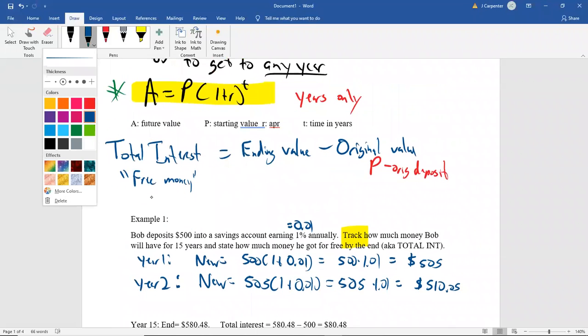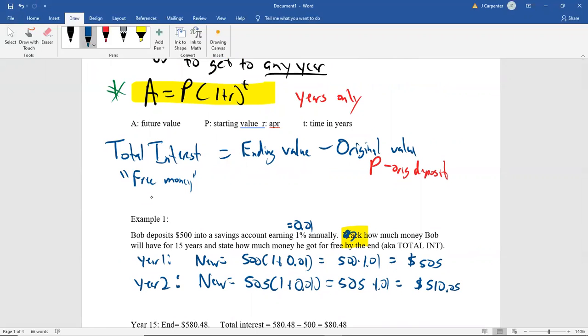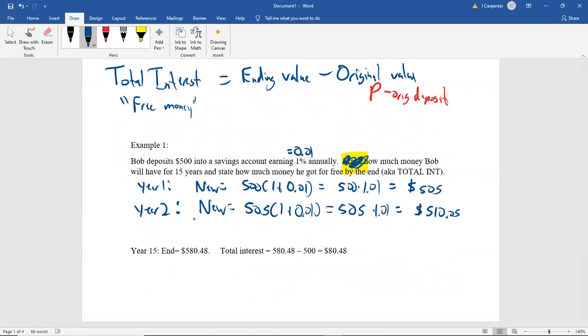All right, so let's see if I only asked, if I didn't say track, if I just said how much money will Bob have 15 years later? So we could go at year 15, our future value A, aka the ending value for year 15. There are a lot of different letters that they use for this, as we'll see in our notes over the next class or two.